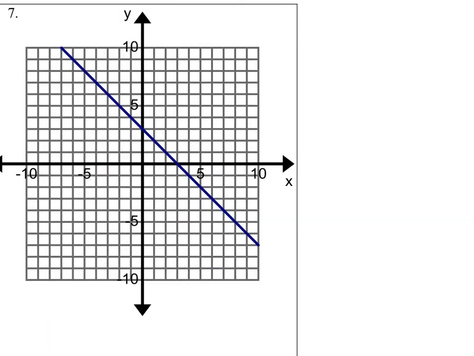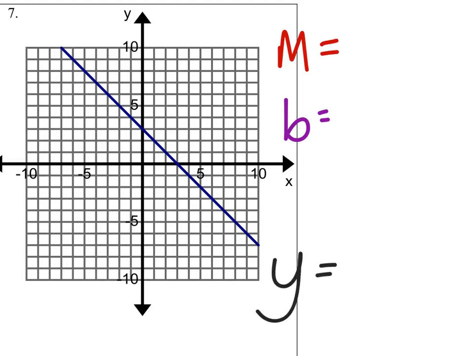Number 7. So again, we want to find good old slope. We want the y-intercept as well. And then we also want the equation in this form, y equals mx plus b. Alright, let's find 2 points that we can use to find good old slope. I'm going to use this point right here, which is at -5, 8. And then I'll use this point, which is at 7, -4.